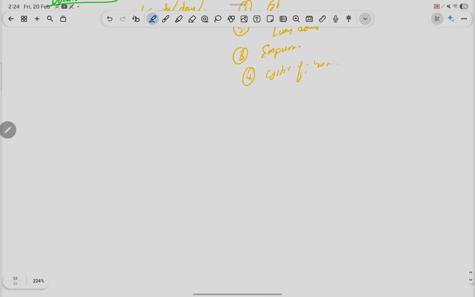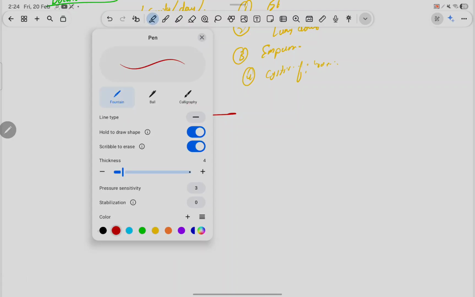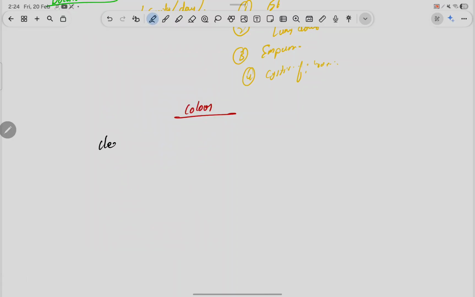Based on the color: clear and mucoid, we could suspect chronic bronchitis, COPD, with no infection.